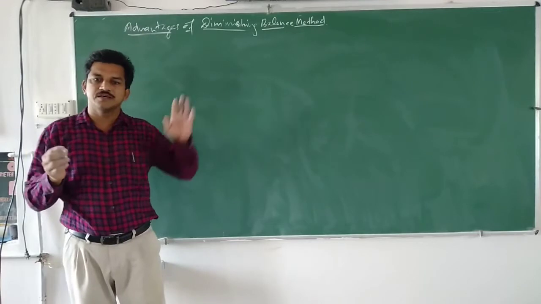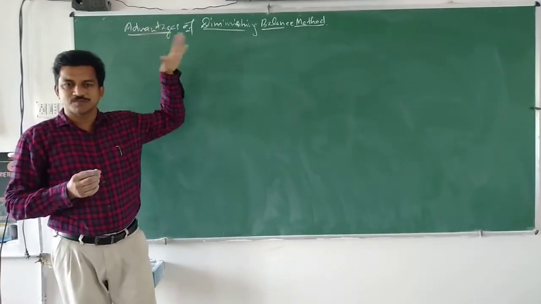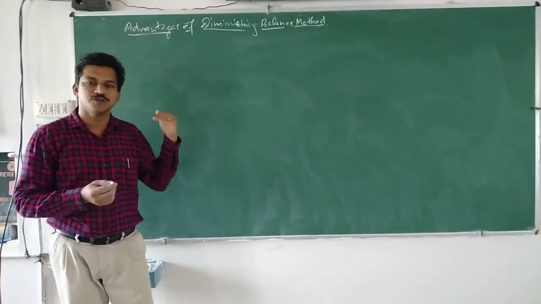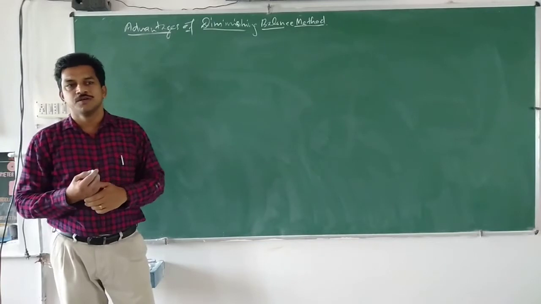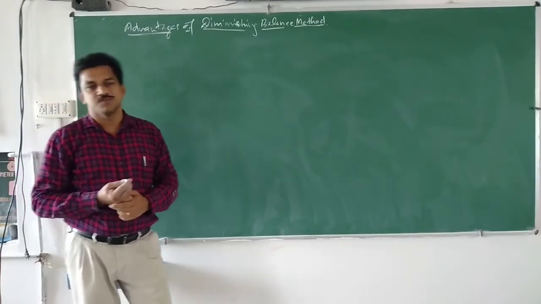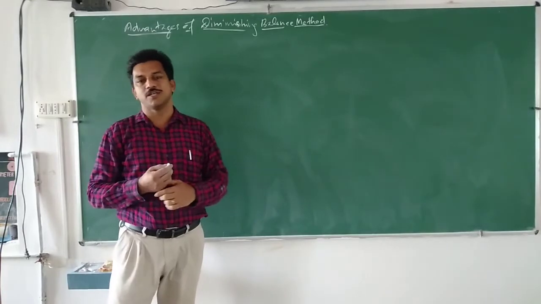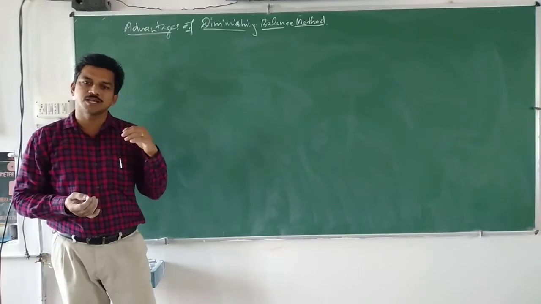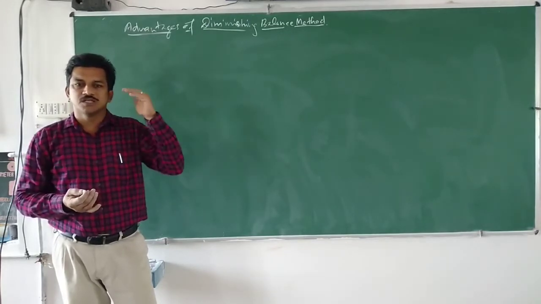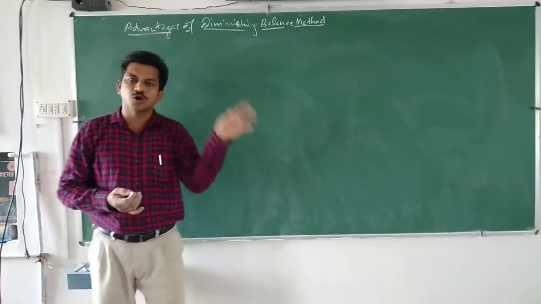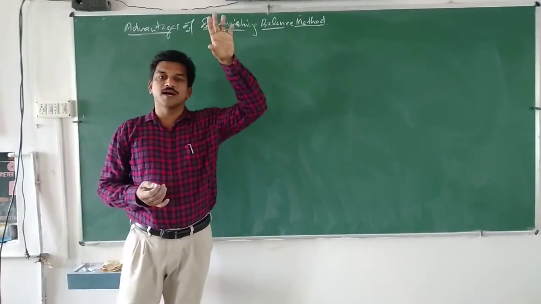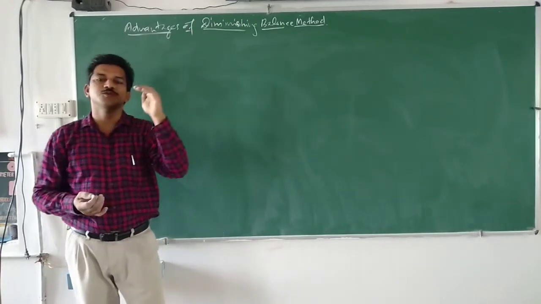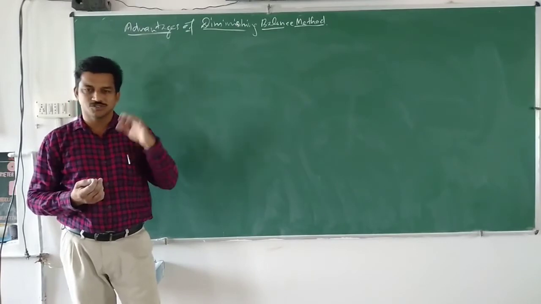We have discussed the problems and told the concept of the diminishing balance method. Now we are going to discuss the advantages of the written down value method. The most important advantage is that it's a realistic method of providing depreciation. Why is it realistic? Because more depreciation will be written off when the utility of the asset is high, and less depreciation will be written off when the utility of the machine is less.